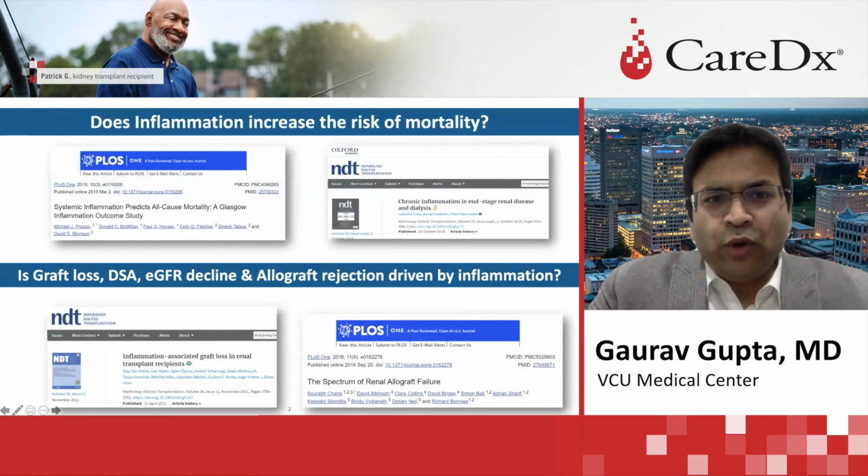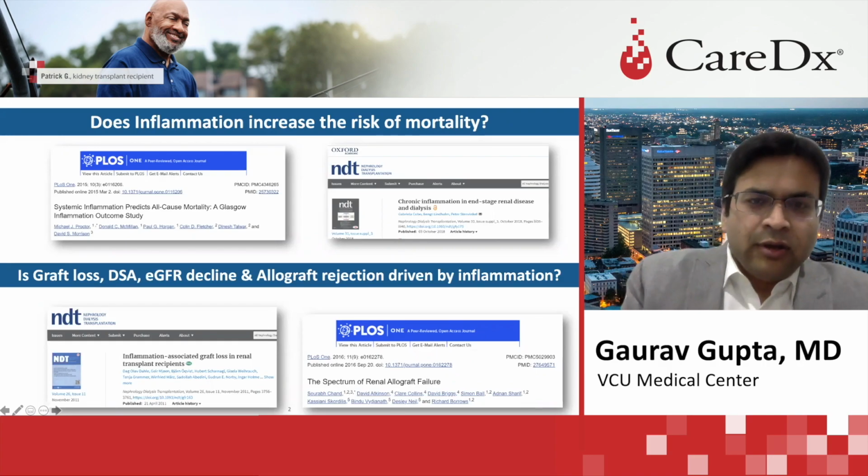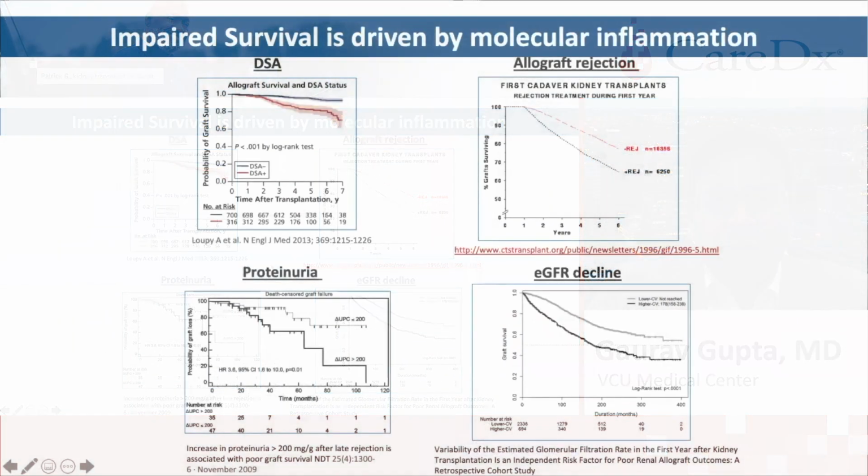I think at this point there's substantial evidence to suggest that chronic inflammation is associated with an increased risk of mortality, both in patients on dialysis as well as those with kidney transplants. Similarly, it also makes biological sense that inflammation drives formation of donor-specific antibody, or DSA, proteinuria, loss of kidney function, and eventually graft loss.